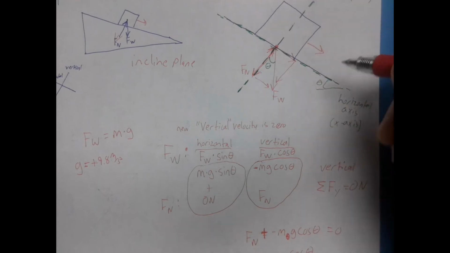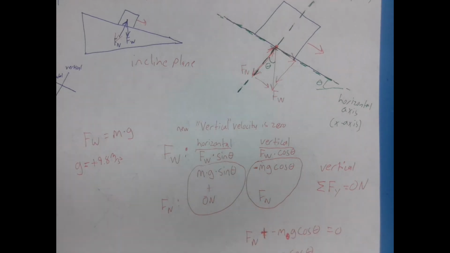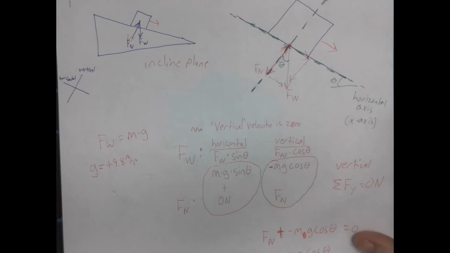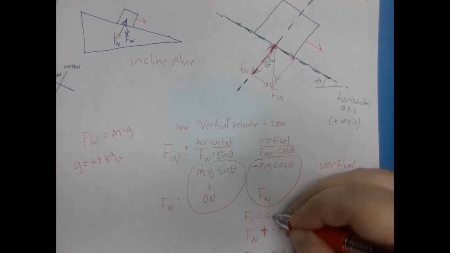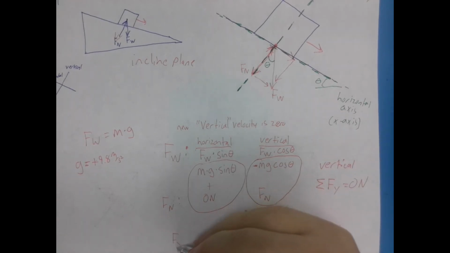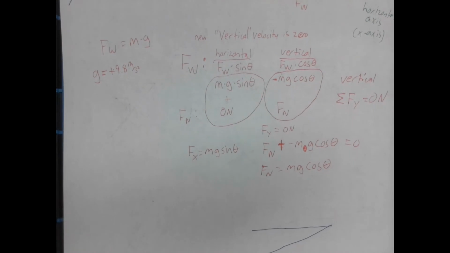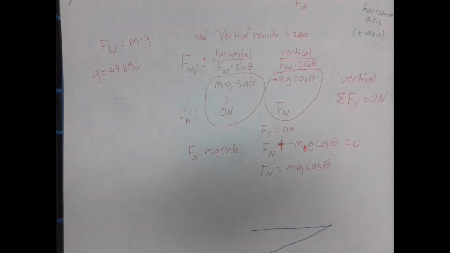So my force down this slope, the net force, I could say this: the force in the y direction has to be 0, and the force in the x direction has to be the sum of these, so mg sine of theta. So this is the force in the new horizontal.